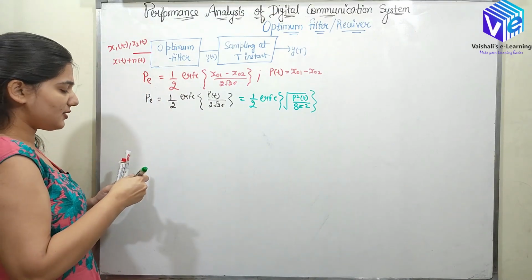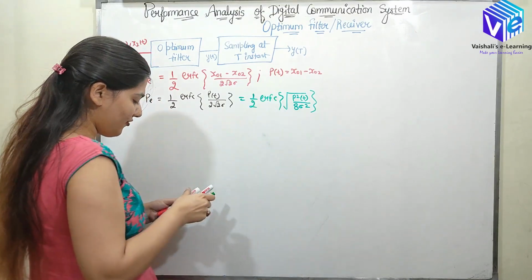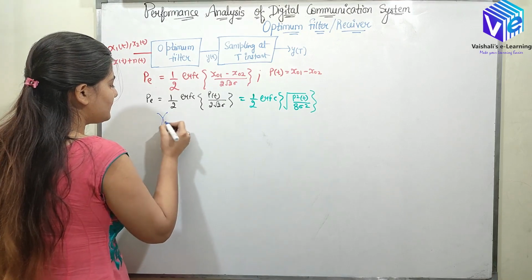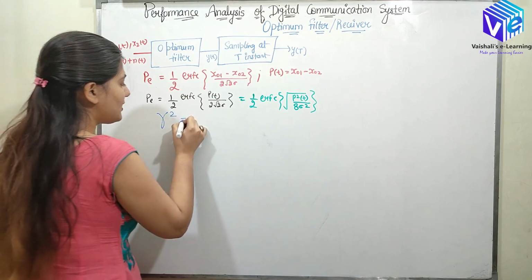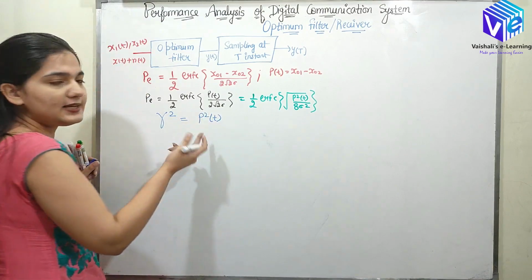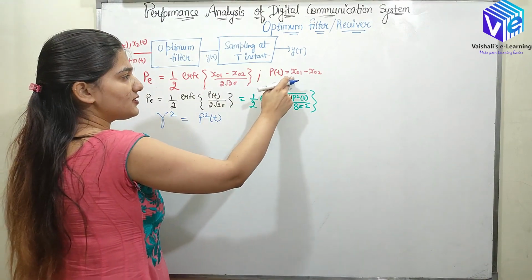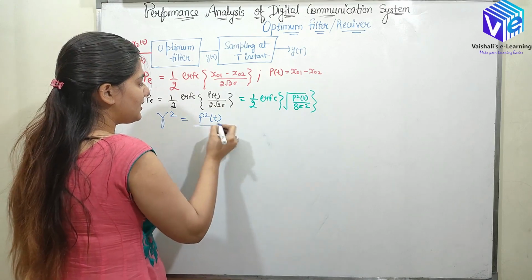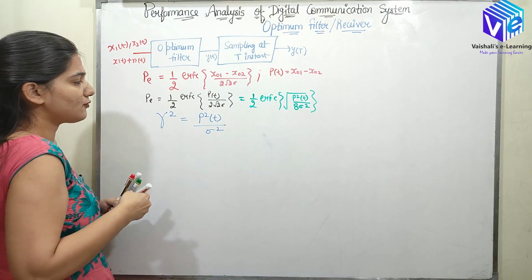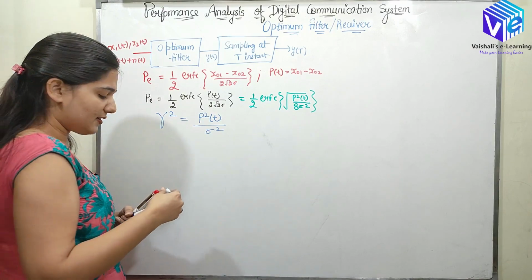So this is the representation of the error function in the form of pt. Now the SNR is represented by gamma square, which is equal to p square t, where pt denotes the signal amplitude, so signal amplitude square upon noise amplitude square. Noise amplitude square is represented by sigma square.